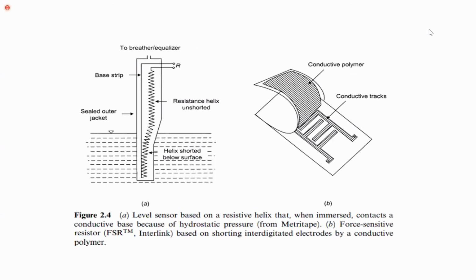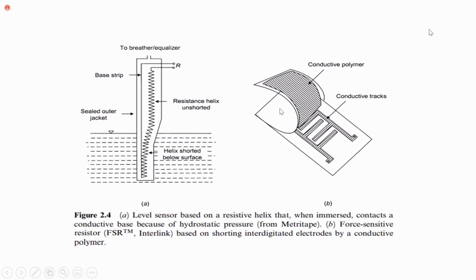And here we have two types of potentiometers. In figure A, we don't have a wiper, but because of the liquid level, the resistor will get contact with the circuit and its resistance will vary.